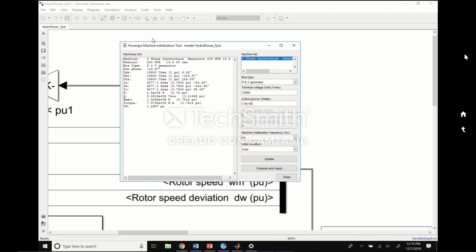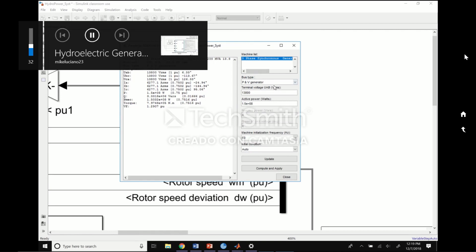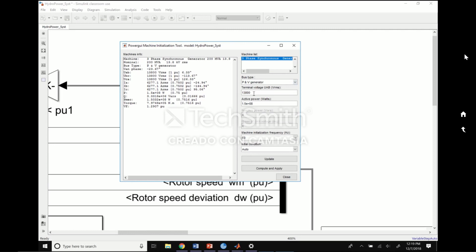So you can see here that we have a bunch of the machine info, and this is where we're focused. We want a PV generator, power and voltage, a 13.8 kilovolt terminal voltage, and 150 megawatt active power. We also want the machine initialization frequency to be 60 hertz so that it can be synchronous with the grid.